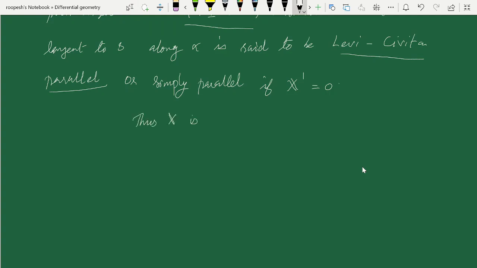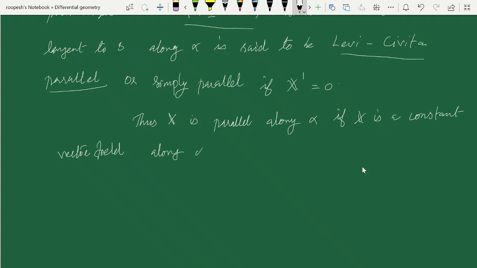X is parallel along alpha if X is a constant vector field along alpha as seen from S. So when you are seeing from S, the vector field should be a constant one.